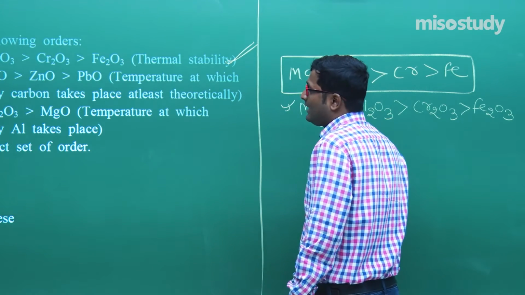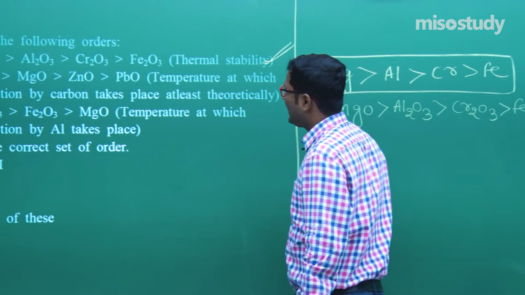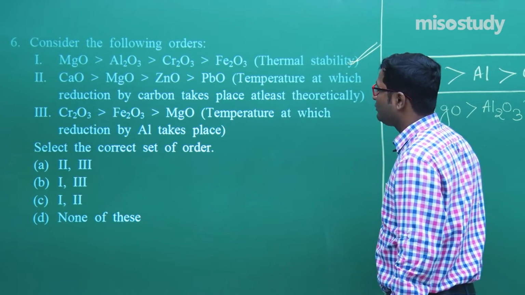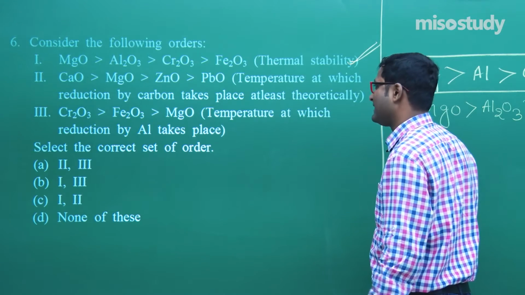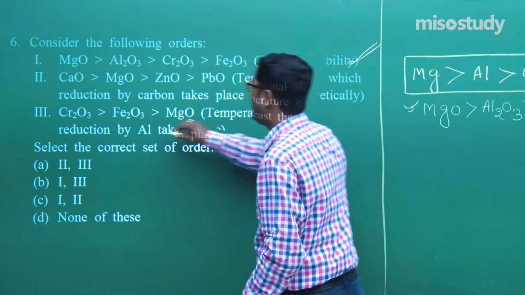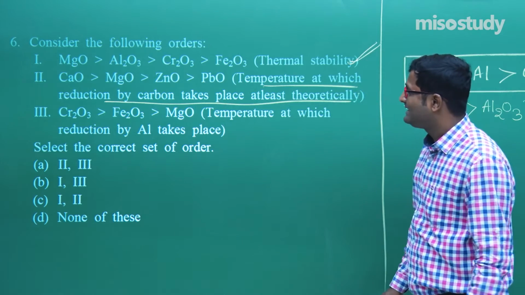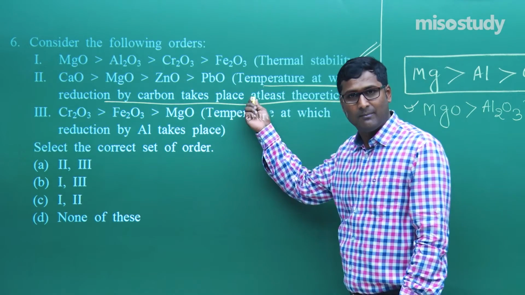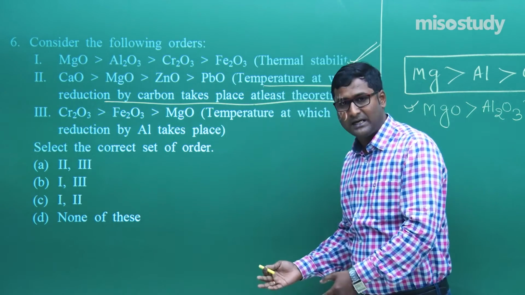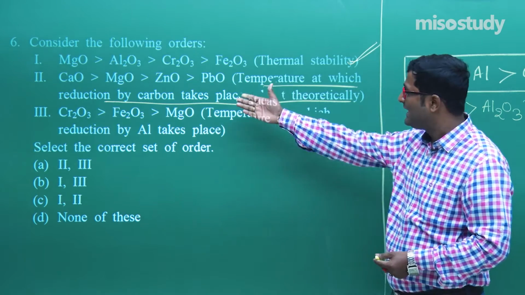Now look at CaO, MgO, ZnO, Pb. Temperature at which reduction by carbon takes place. Definitely this is the order, reduction takes place by carbon. This is the correct order. CaO, MgO, by using the complete Ellingham diagram, we can easily say this is correct.